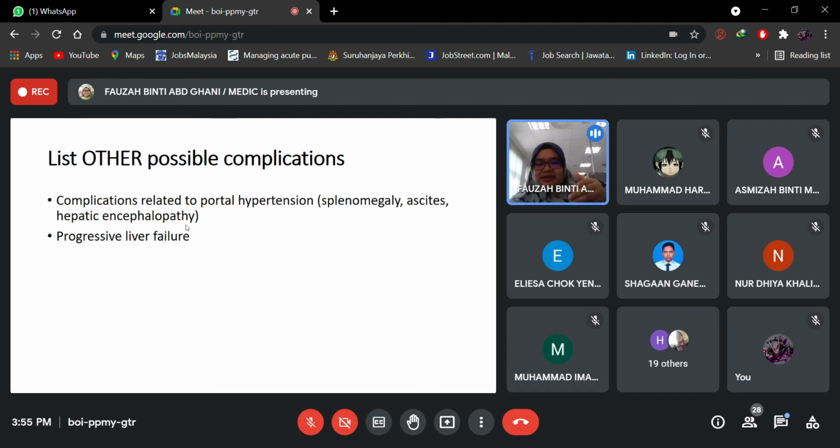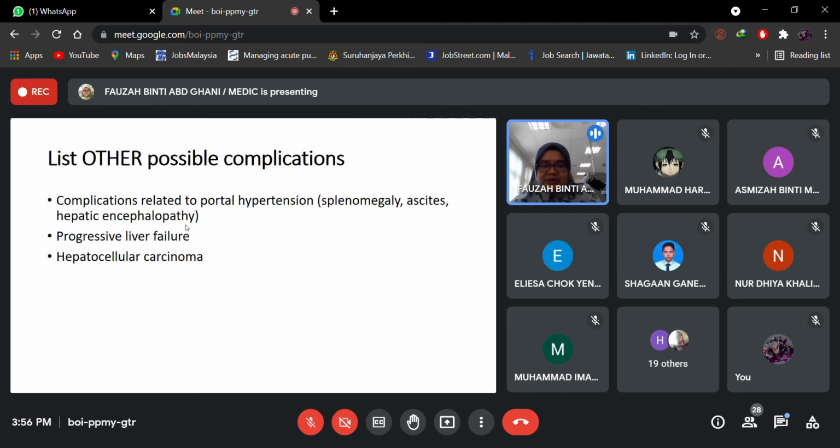Progressively, because of the cirrhosis, the liver will slowly dysfunction and fail. When the liver fails, that's the time it will have a high mortality, or can lead to death.